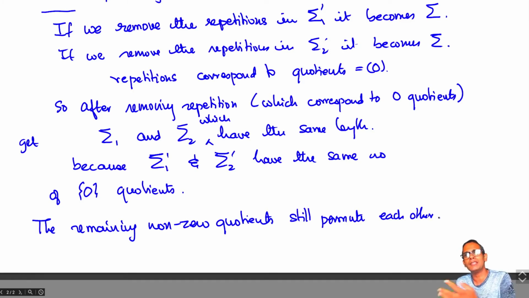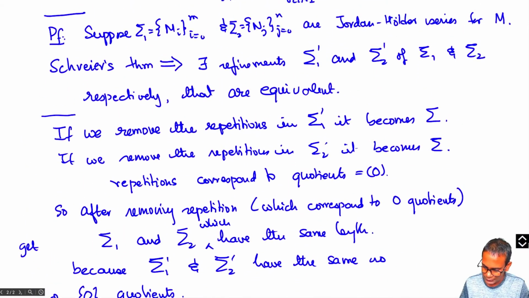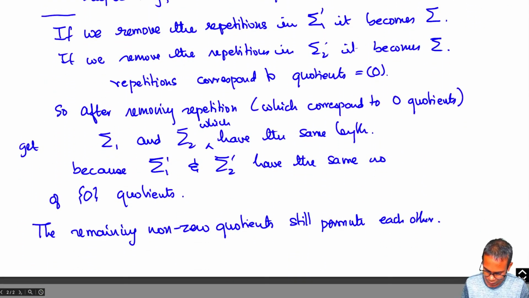After we remove them, we will still have a bijection between the non-zero quotients. And so these two Jordan-Holder series, sigma 1 and sigma 2, have to be equivalent.